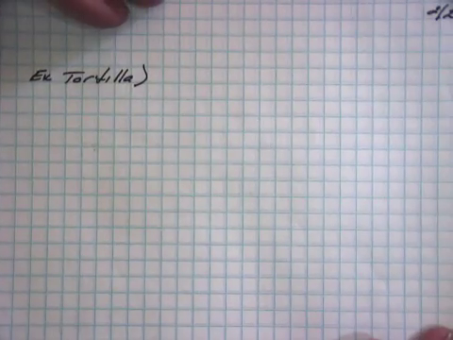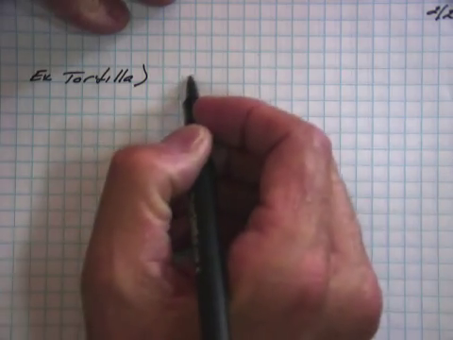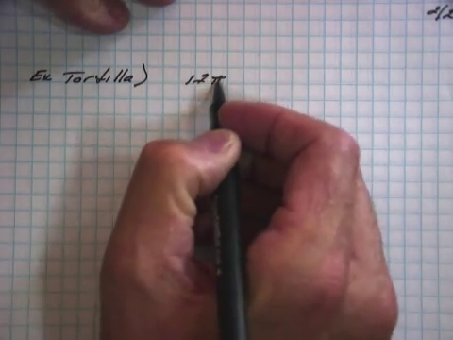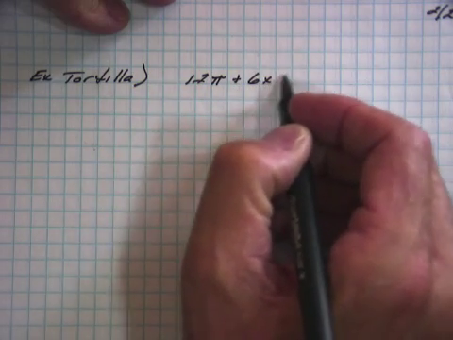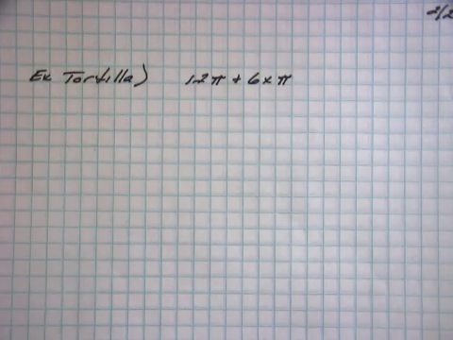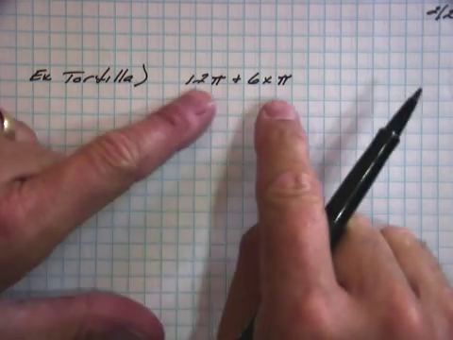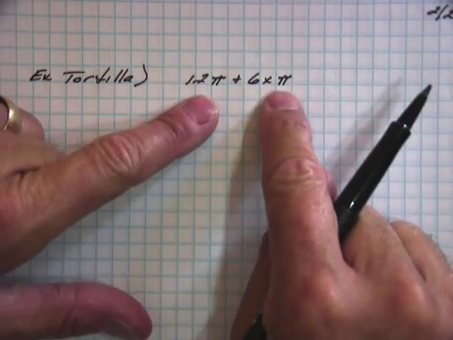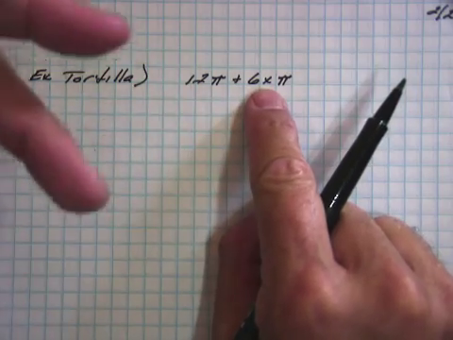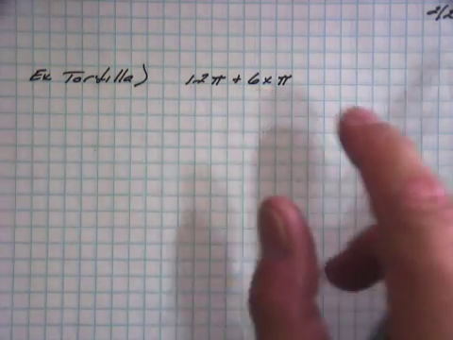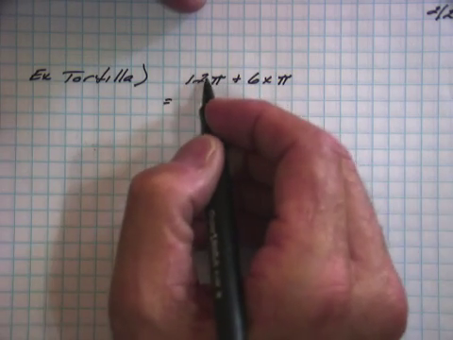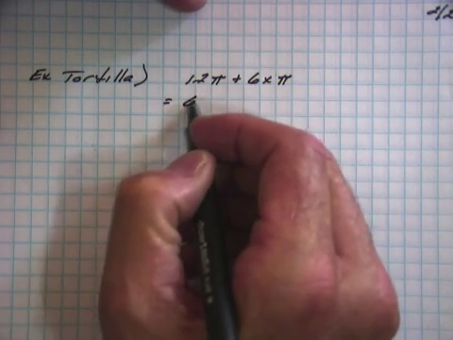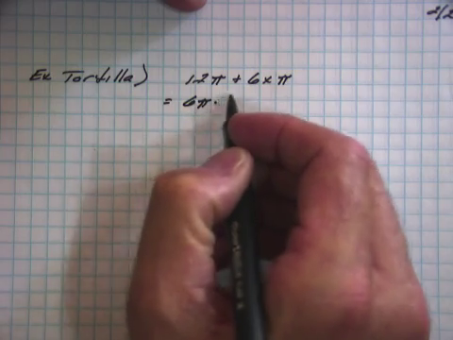And we'll do example tortilla. Tortilla soup. All right. And this one I'm going to say is 12 pi plus 6x pi.